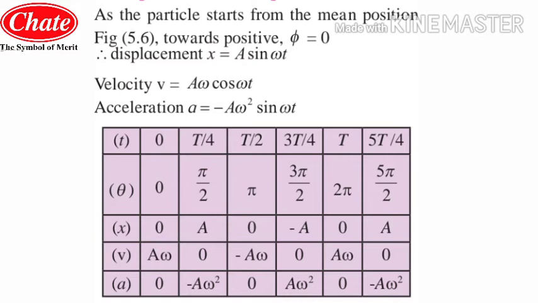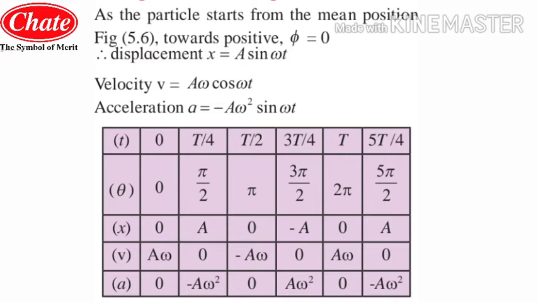The fourth one is 3 pi by 2, which is 270 degree. Then for the time t, it will be 2 pi, meaning 360 degree. Again the SHM will complete, and the particle will come to its mean position, its original position. And the last one, for the time 5t by 4, the theta will be 5 pi by 2.